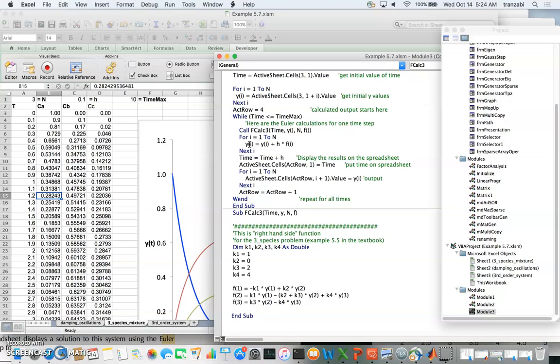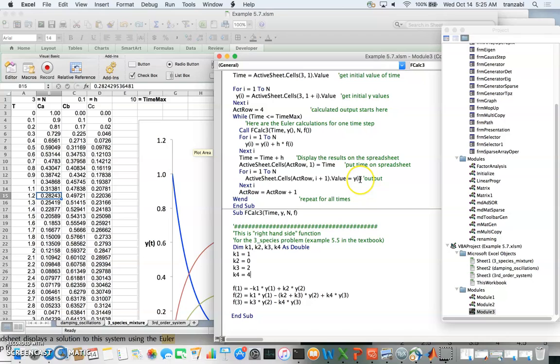This is going to be yn plus 1, and then after we calculate this, we have to put it out on the spreadsheet. So that's why after this loop, after we calculate the y, we're going to increase the time by delta h. Immediately put this time on the spreadsheet on the active row, so right now it's going to be in row 4. And then we're going to put the y values on the same row in the next three columns, so columns 2, 3, and 4.